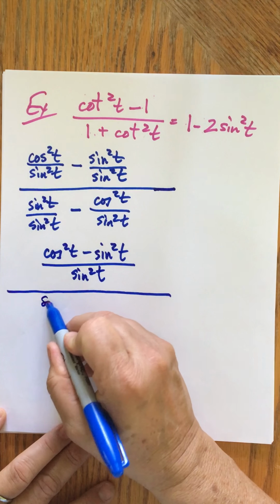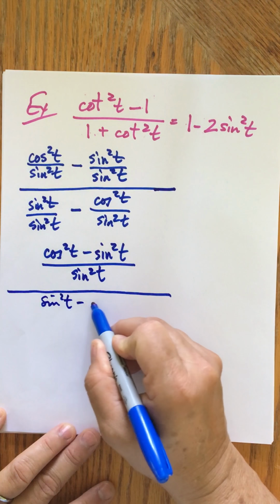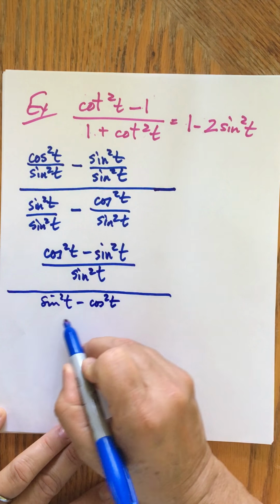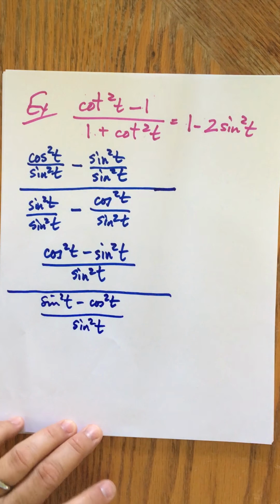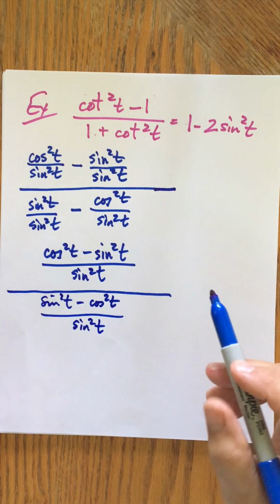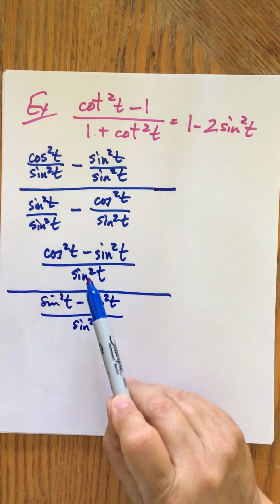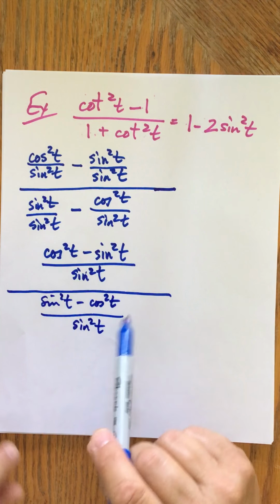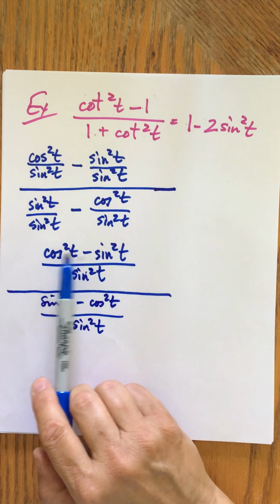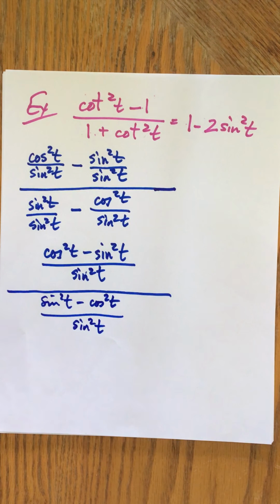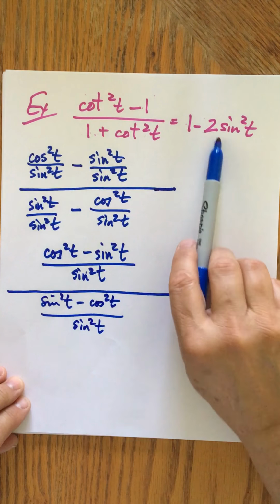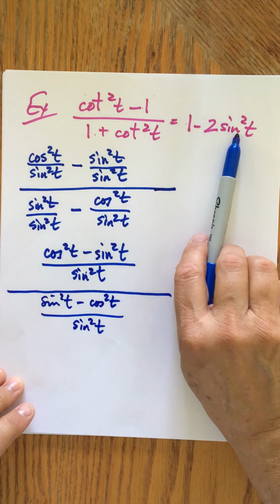And now we have sine squared t minus cosine squared t all over sine squared t. Now, what I can see is that these are going to end up canceling out, right? The sine squares. And then these, cosine squared minus sine squared, and then sine squared minus cosine squared, are pretty much the same, except you can factor out a negative sign. But where I'm headed is I'm going to want to have 1 minus sine squared t.